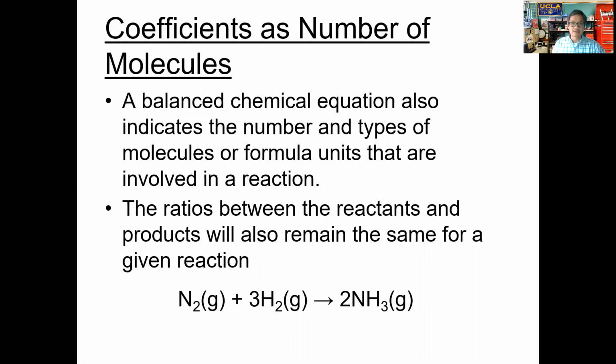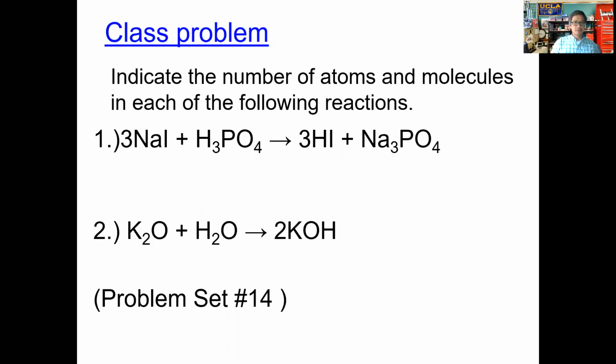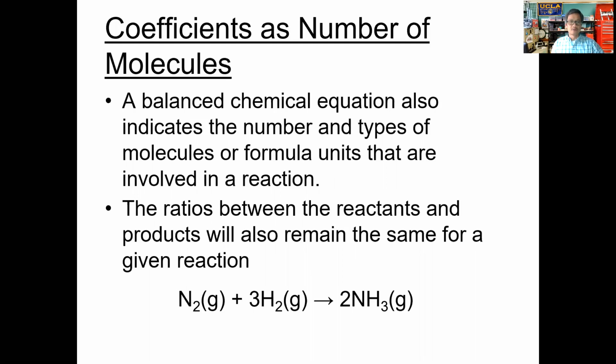So with that said, let me ask you, let's go ahead and interpret this equation in terms of the particles that are involved, not just single atoms. Now we're going to count particles, and in this case the particle will be the molecules.